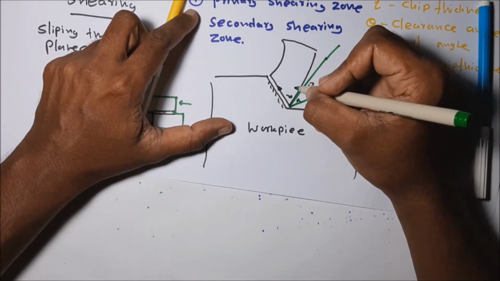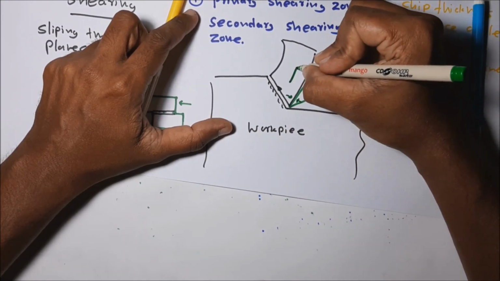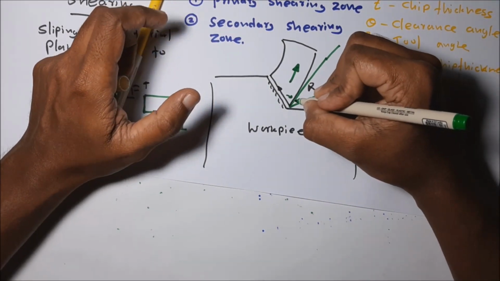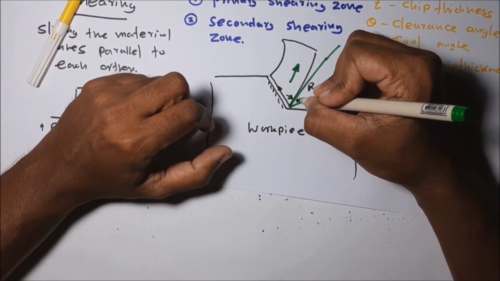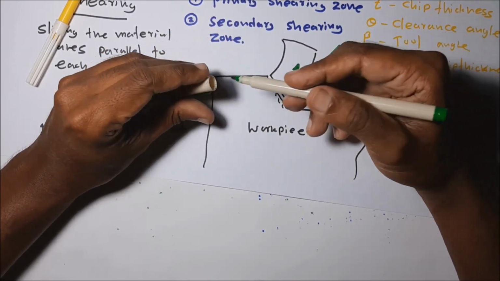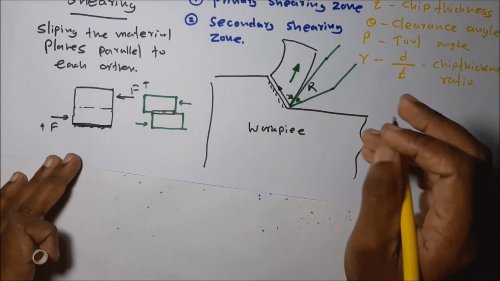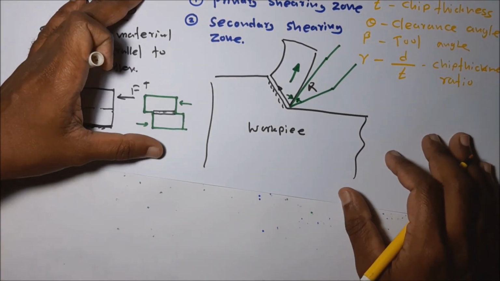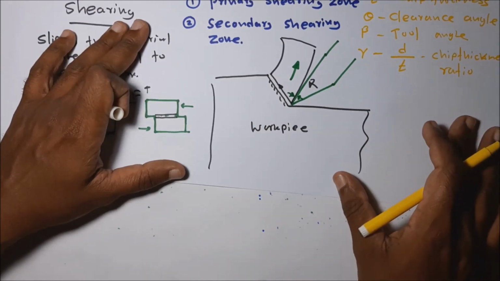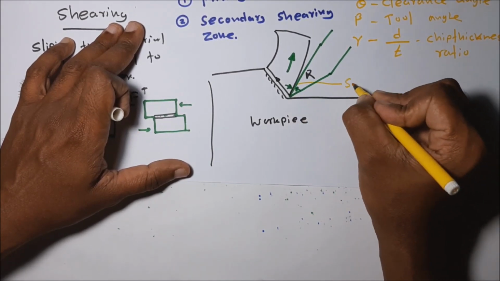Relative to the cutting tool, this chip flows along this direction. Because of the friction between these two surfaces, very high heat is generated, so the temperature increases in this region. This region is also called the secondary heat generating zone. The heat generated in this region is less than in this region under normal situations.